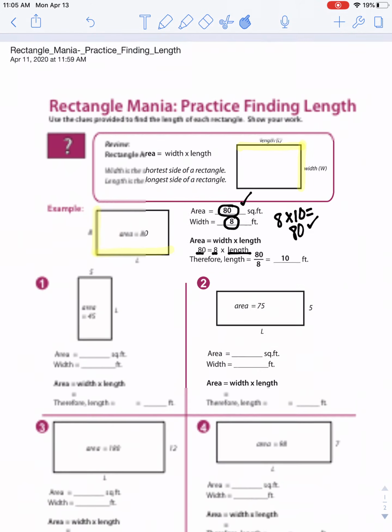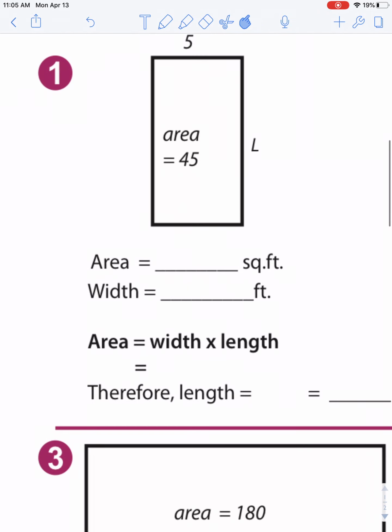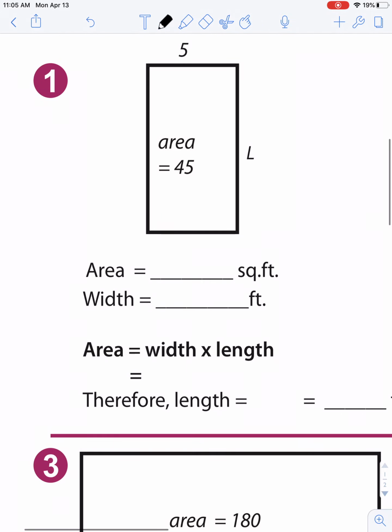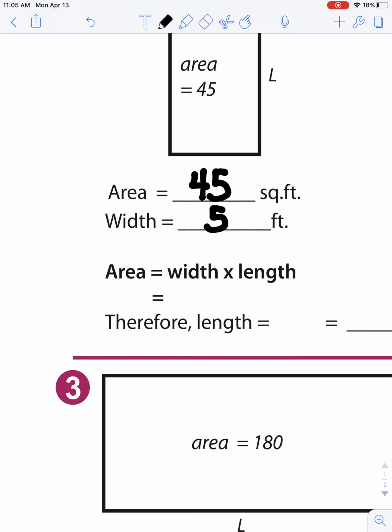So let's move on to our problems now. So for number 1, the area is 45 square feet. So I'm going to write that in the information that we know. The width they give us as 5 feet. So we're going to use the formula to plug in that information. So the area is 45, which equals width 5 times length.